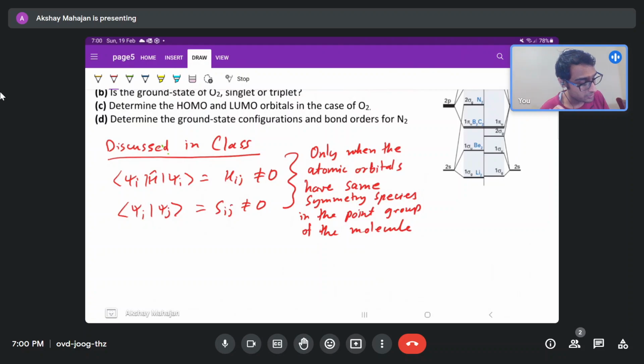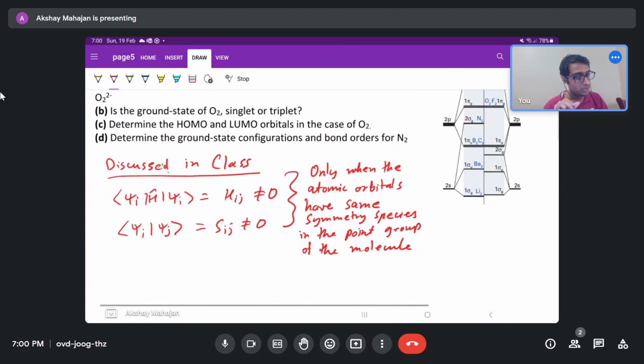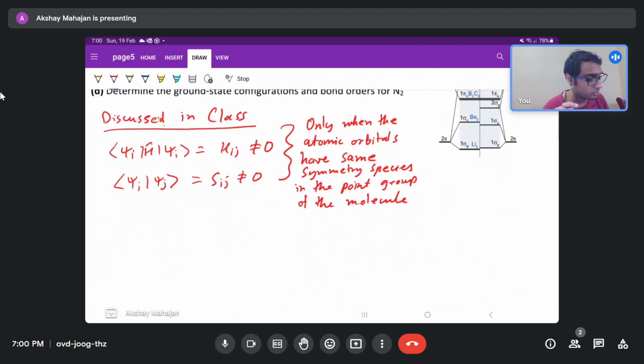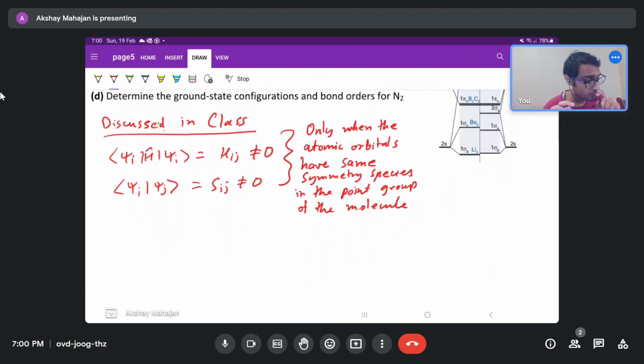And as we have seen, let's take the example of the O2 molecule. This is the approximation that has been used, and now we will solve this problem, and hopefully with this you will be able to use these approximations to find the ground state of oxygen.